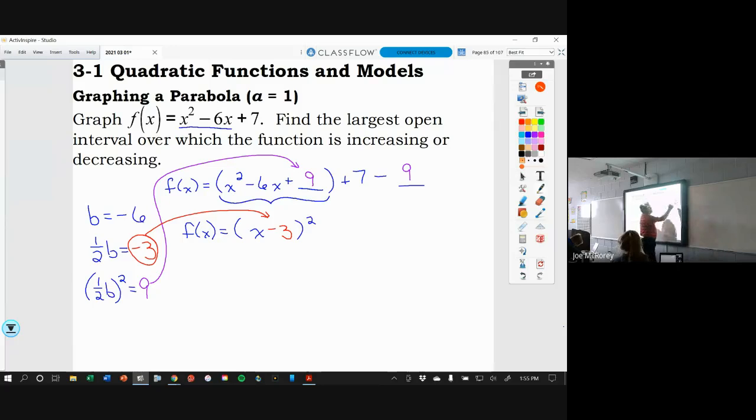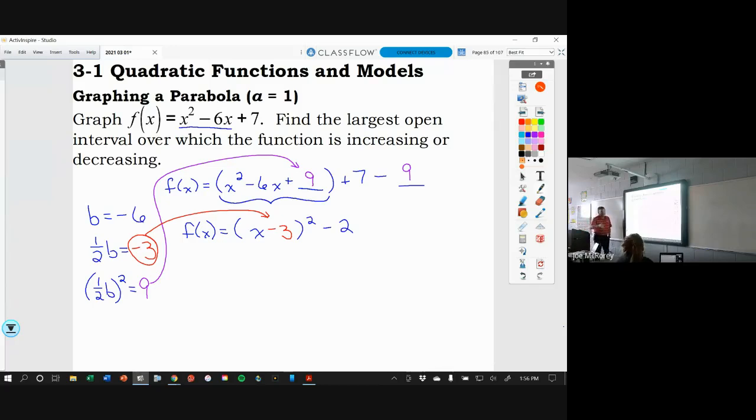You said -3. Yep. And then I can do some math outside my parentheses: 7 minus 9 is -2. I can finish this problem except the graph with that part right there.